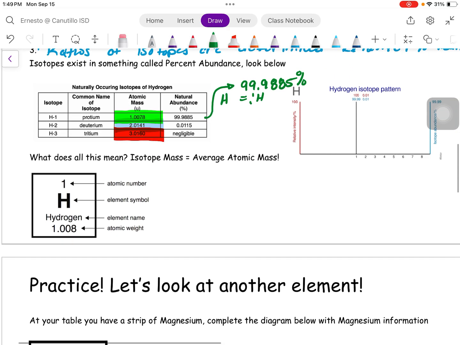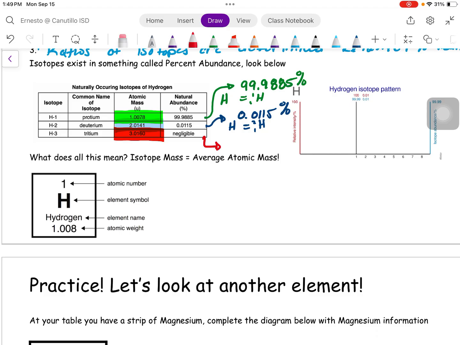Okay? Going to hydrogen 2 is the same thing. If I looked at all those atoms, I would find that 0.0115% of all of those atoms would be the hydrogen 2 isotope. And then finally, we take a look at hydrogen 3.